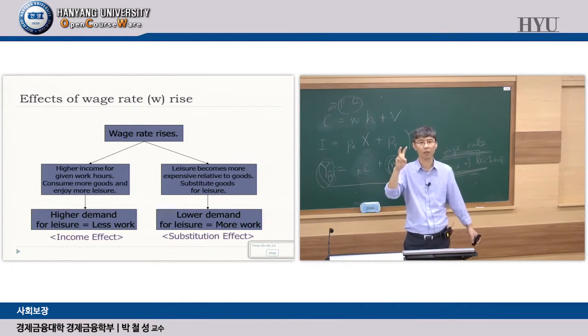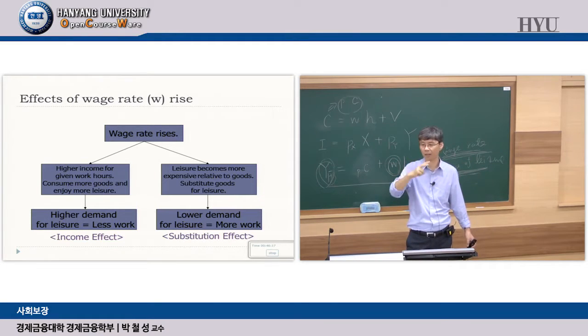One is wage rate goes up, which means higher income. Higher income means more leisure because leisure is a normal good, which means less work. Higher wages means higher price of leisure. So since leisure is expensive, we demand less leisure, so more work. Okay? So both cases are possible.